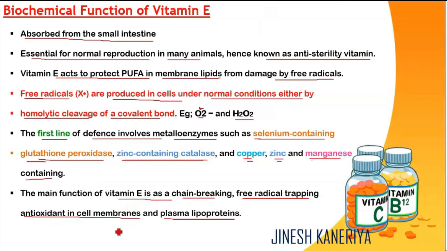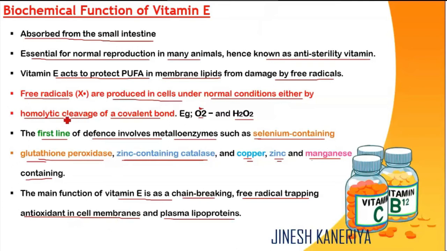Free radicals are also neutralized by vitamin E. Antioxidant activity means it decreases the effect of the free radicals and converts the cells back to a proper normal condition. Antioxidant is the most important part of our body, and it is protected by vitamin E, which also protects the cell membrane and plasma lipoprotein.